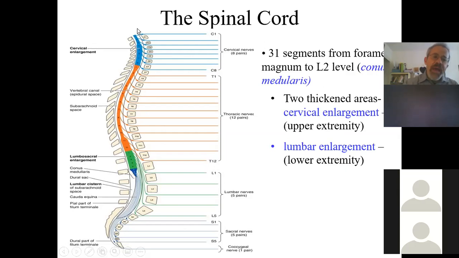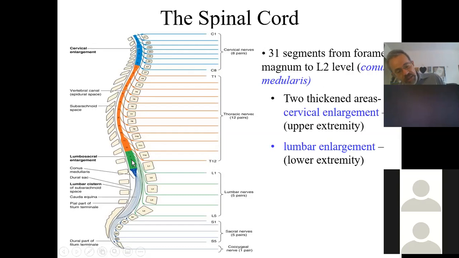All along the way, you notice that the thickness of it is not the same. It's somewhat thicker here than it is here. It's kind of narrow, and it's thicker up here. These thickened regions are known as enlargements. Up here we have the cervical enlargement, and down here we have the lumbar or the lumbosacral enlargement.